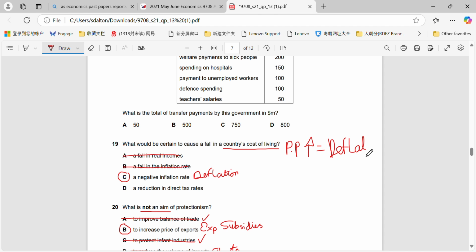When the purchasing power rises, that reduces the cost of living, because we are able to purchase more goods and services with the same value of money, that allows us to live cheaper than we were previously. Reducing direct tax rates will also not have an effect. We're looking for deflation. B still means we have inflation if there's a fall in the rate. So therefore the only correct or logical answer would be C.